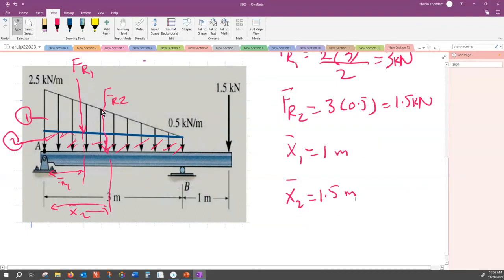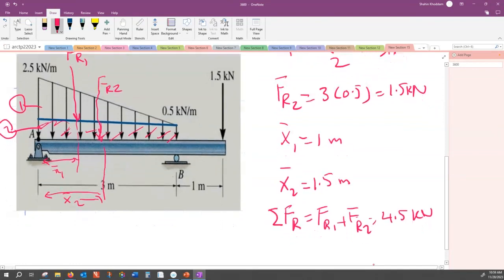I mean, another simplifying step is if I replace two vertical forces with one force. Well, how do you add two parallel vectors? You just add them together, right? So the net resultant force is equal to FR1 plus FR2, which is 4.5 kilonewton. That was easy.